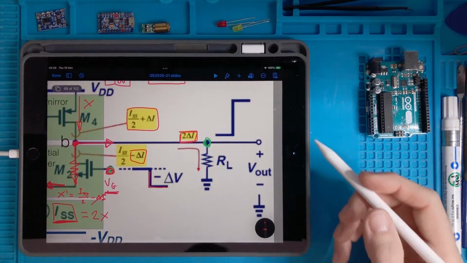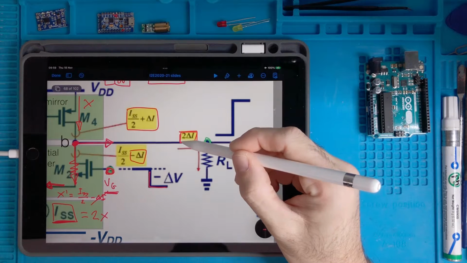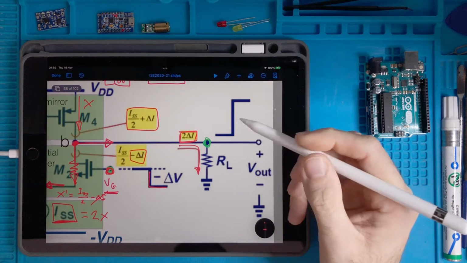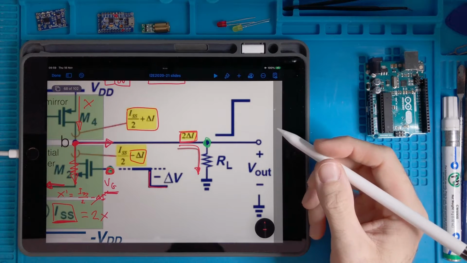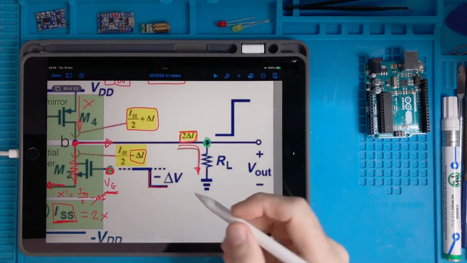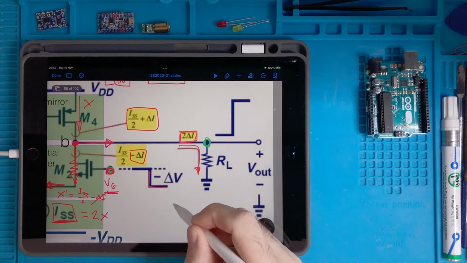Then there is a resistor here, so this current flows in a resistor, and so it will produce a certain voltage at the output, which is according to Ohm's law.